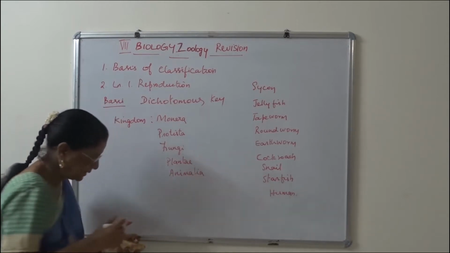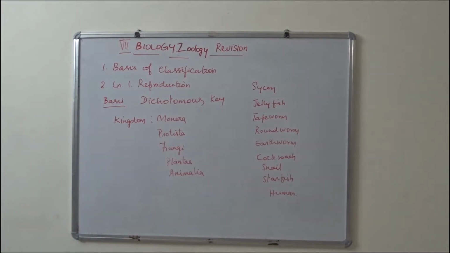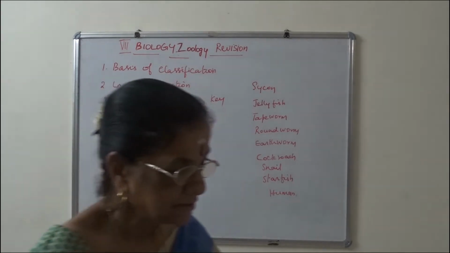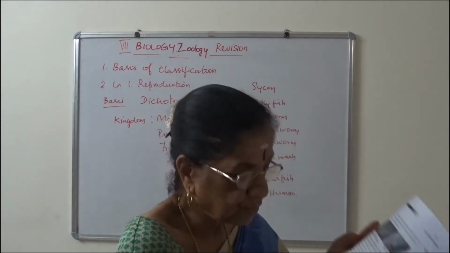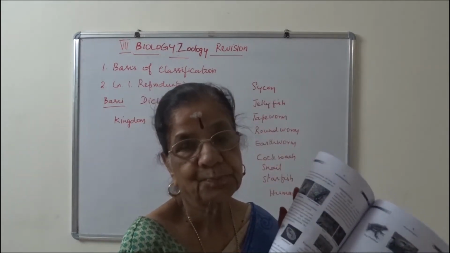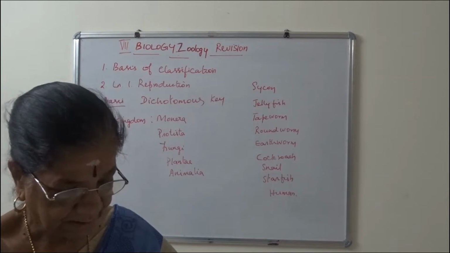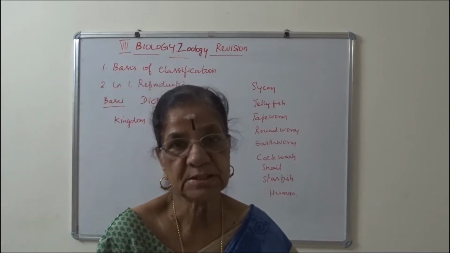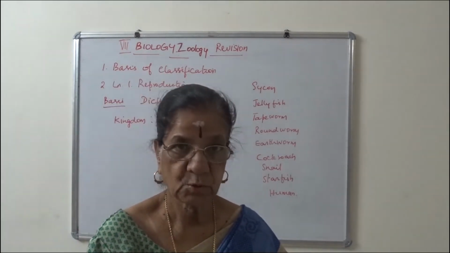These are the 5 kingdom concepts. Then we will go through the characteristic features given in our textbook, page 82. Then we will learn merits and demerits of classification. I hope you can follow.